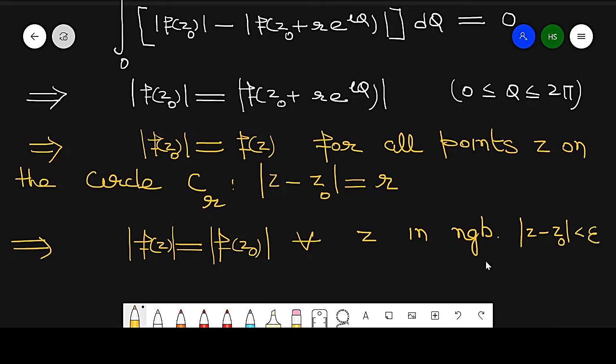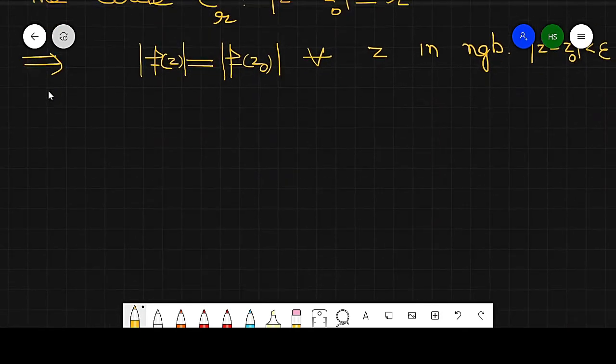So this is applicable to every z in the neighborhood |z minus z naught| less than epsilon. So it means it has the fixed value, it has the constant value for every point in the neighborhood. So remember this lemma.